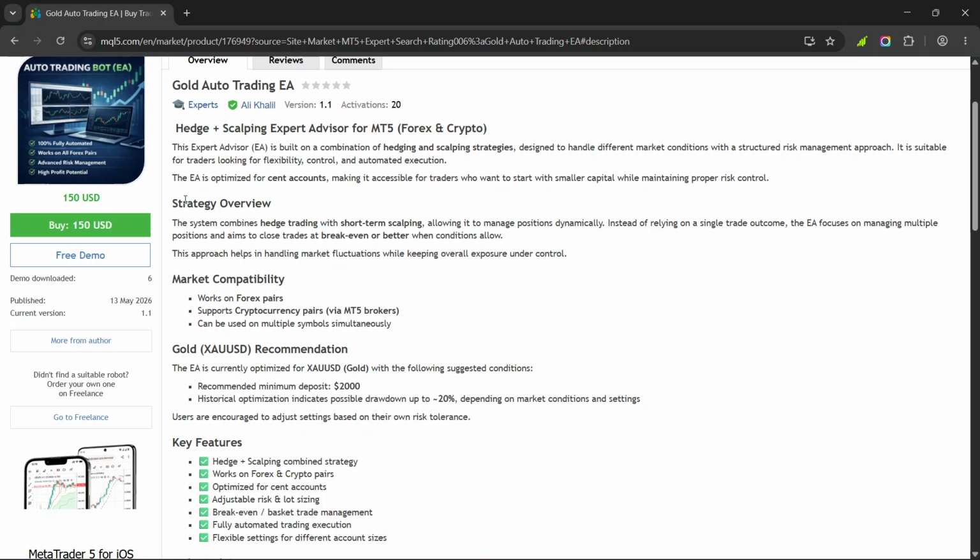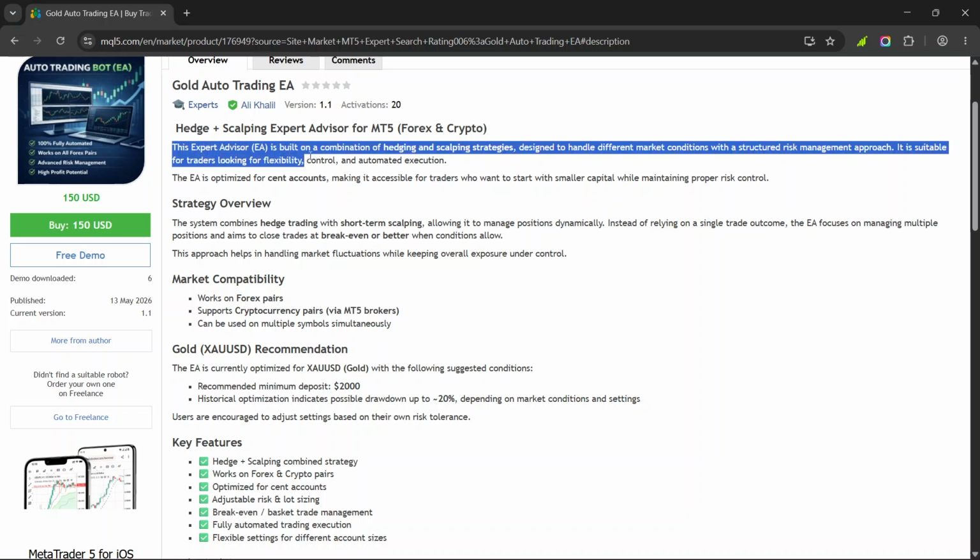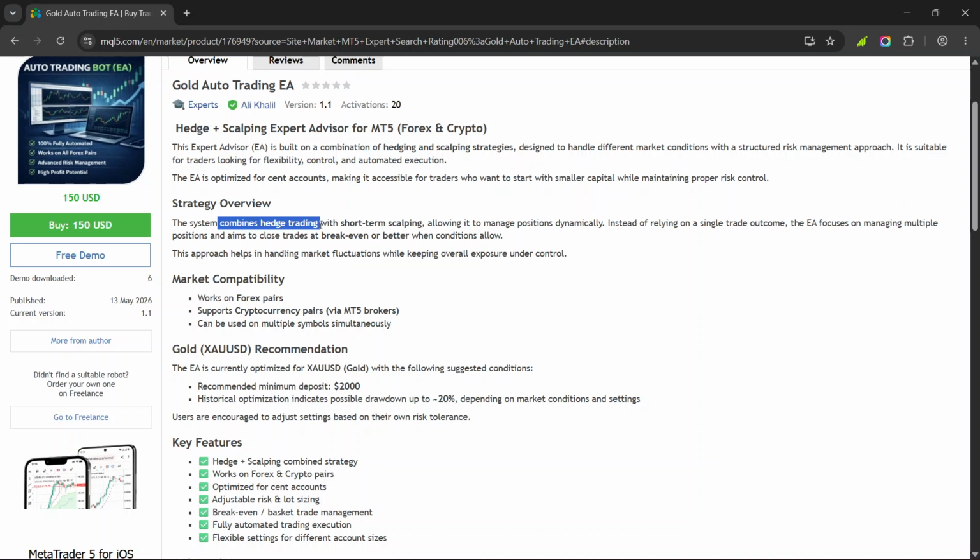Alright, let's start with what the developer actually says on the page. It is built on a combination of hedging and scalping strategies designed to handle different market conditions with structured risk management. The EA combines hedge trading with short-term scalping so it can manage multiple positions dynamically instead of relying on just one trade.